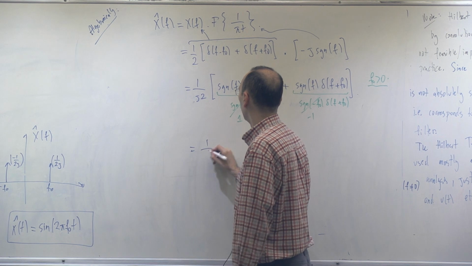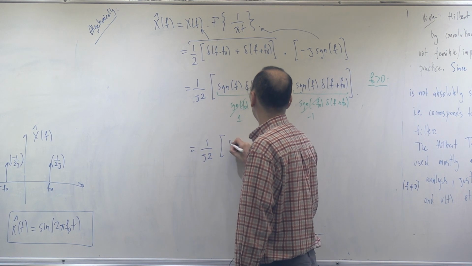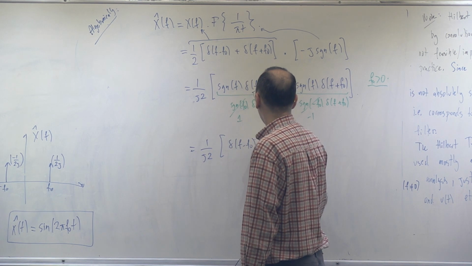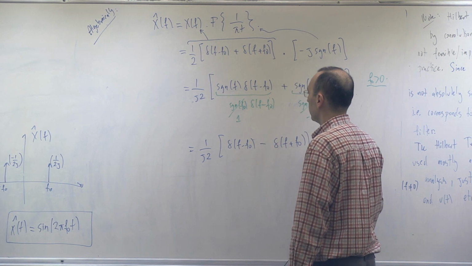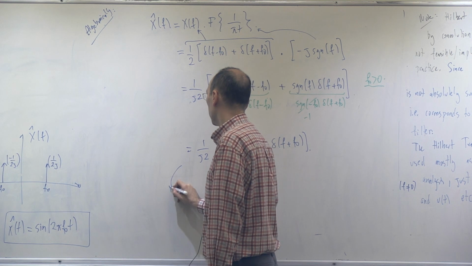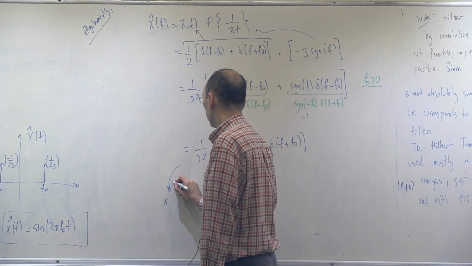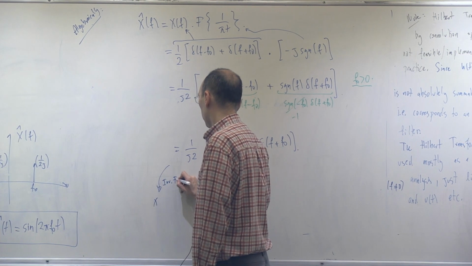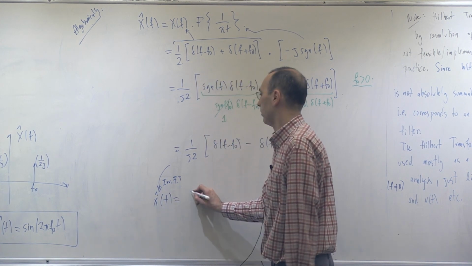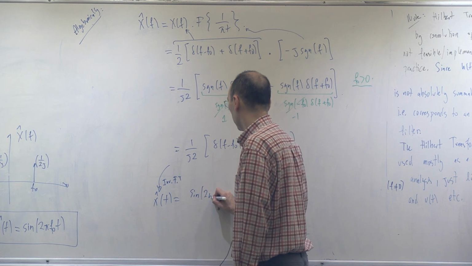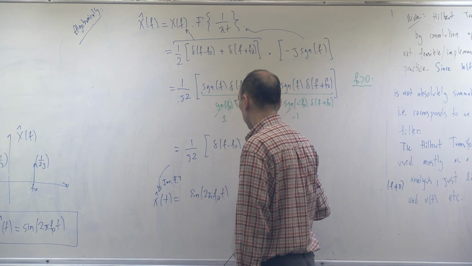So as you see, 1 over j2 times delta f minus f naught minus delta f plus f naught. And if I take the inverse Fourier transform of this, it's indeed sine 2 pi f naught t.